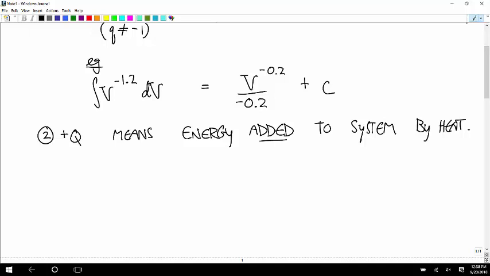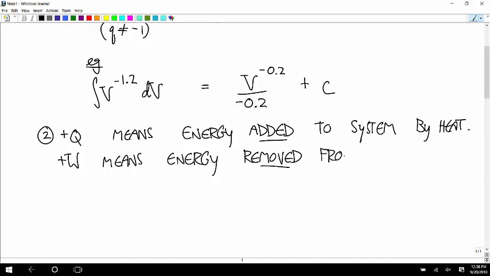Okay, so if heat increases the energy in your system, then Q is positive. Positive W means energy removed from the system by work.